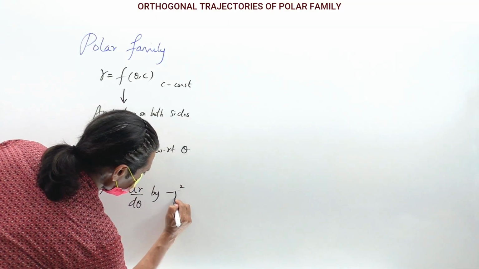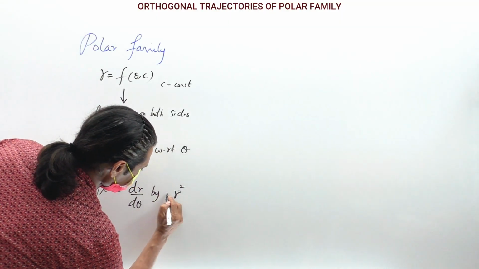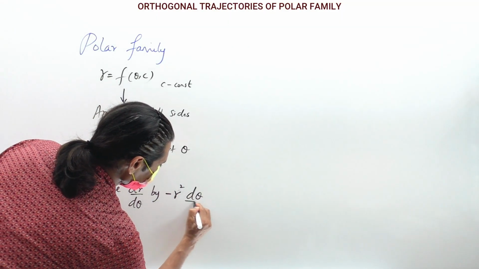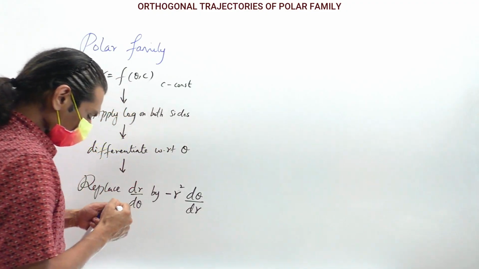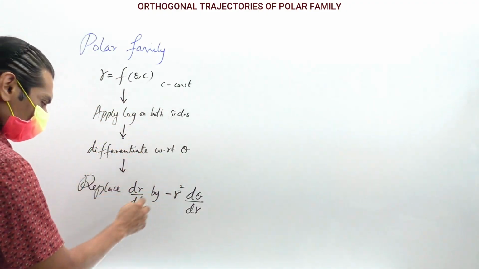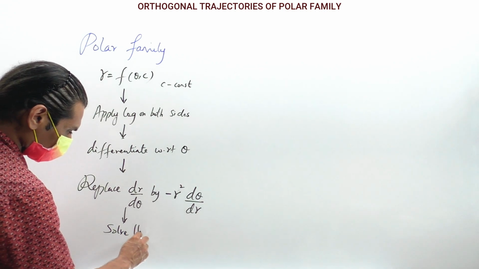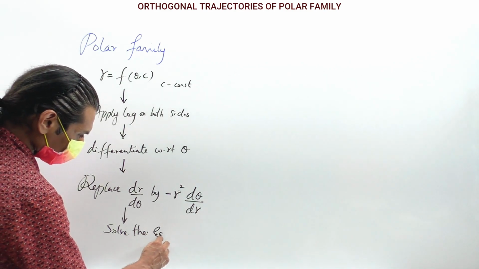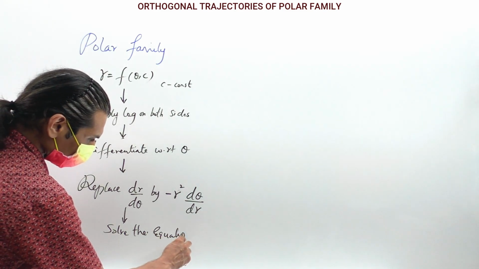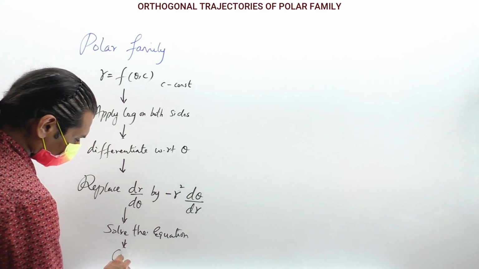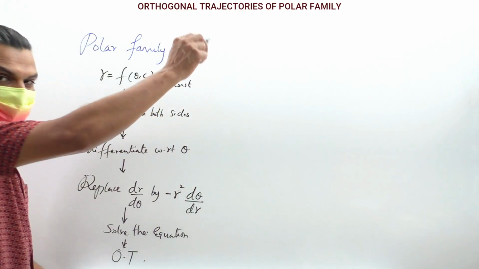Listen carefully, minus r square d theta by dr. This is the main step here. After replacing, you solve the equation. When we solve the equation here, we get the required orthogonal trajectory.